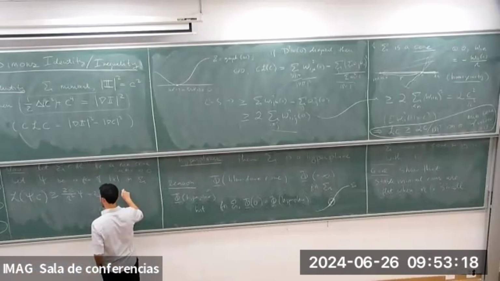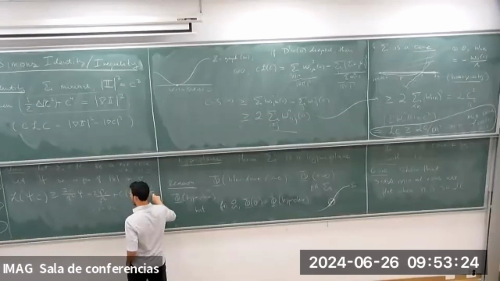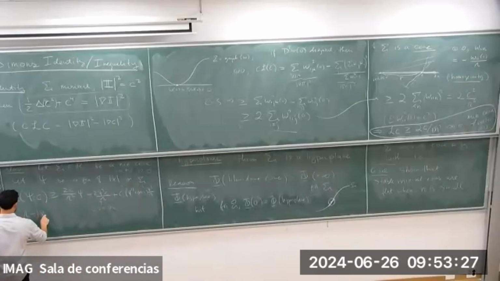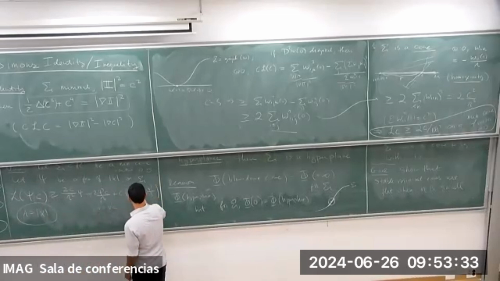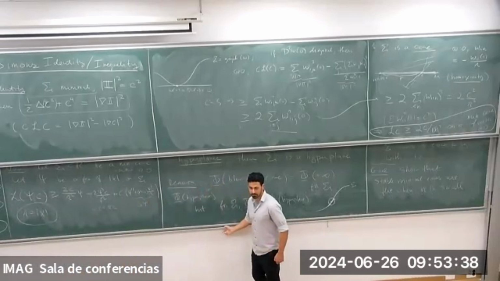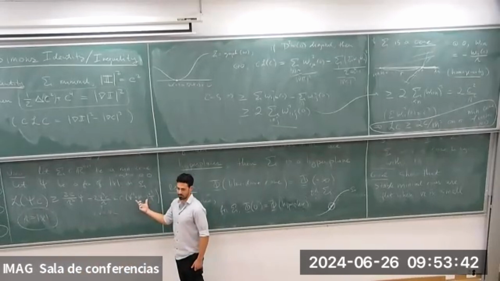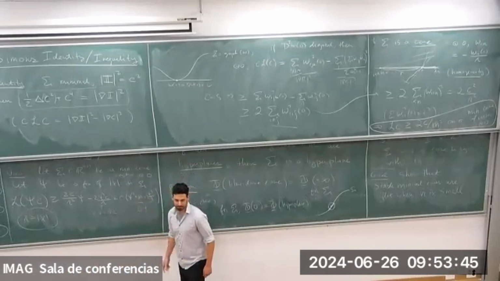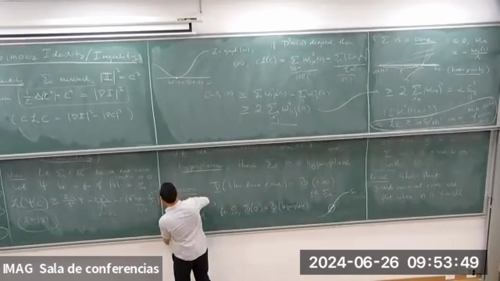So it's going to be c times the second radial derivative plus n minus 1 over r times the first radial derivative. Here I'm implicitly using that this is a minimal cone.